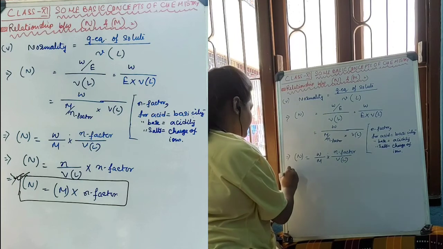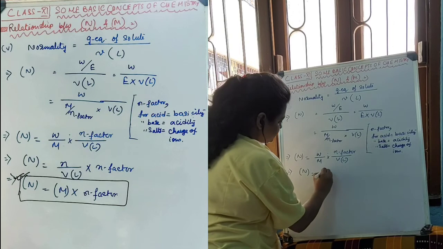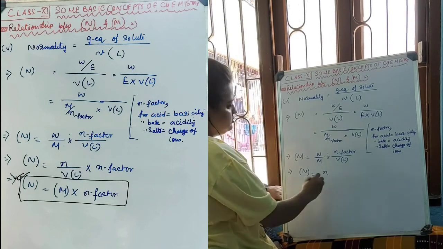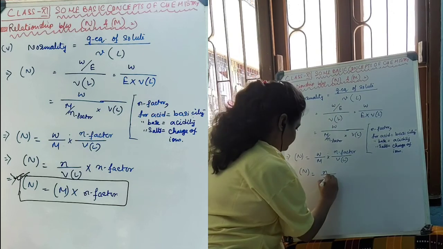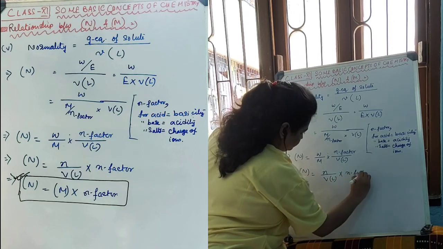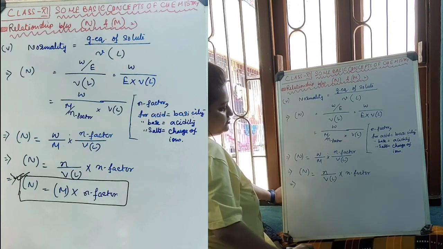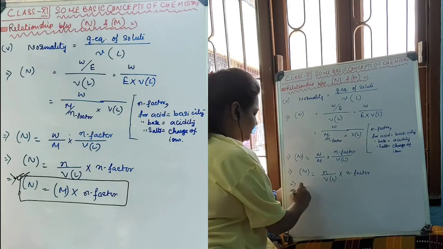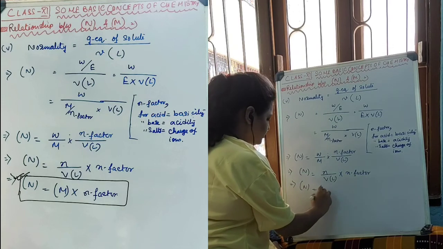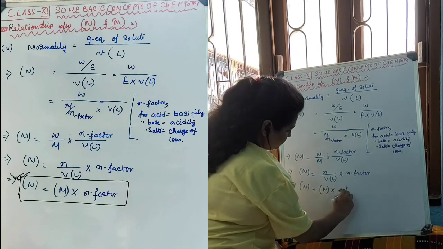This W by M is nothing but number of moles, by V in liter, multiplied by N factor. Number of moles of solute by volume in liter is known as molarity, into N factor.